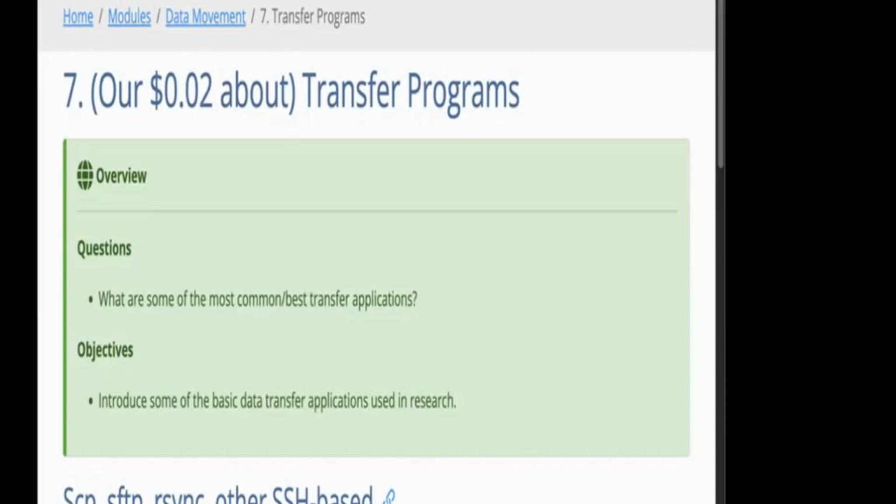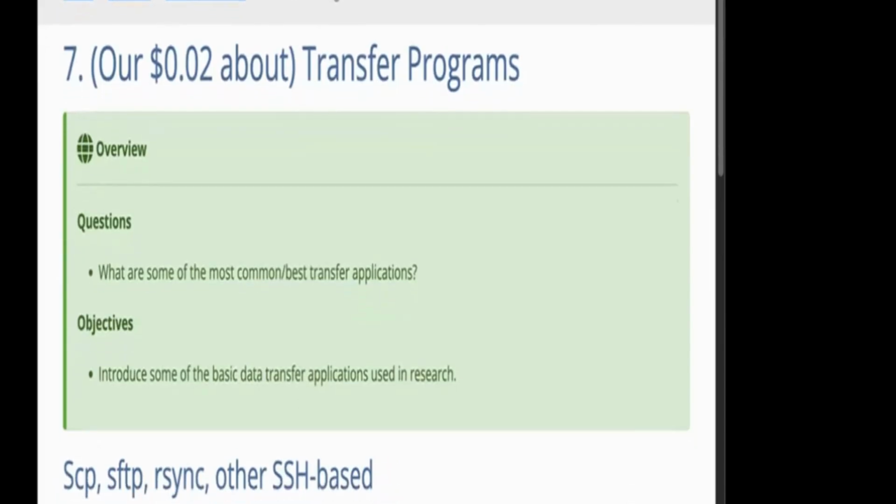So we'll just talk about transfer programs. What are some of the most common transfer applications? So we have SCP, which is secure shell copy, secure FTP, rsync, and other SSH-based programs. And so, for instance, on COA, you can access these things and do transfers that way.